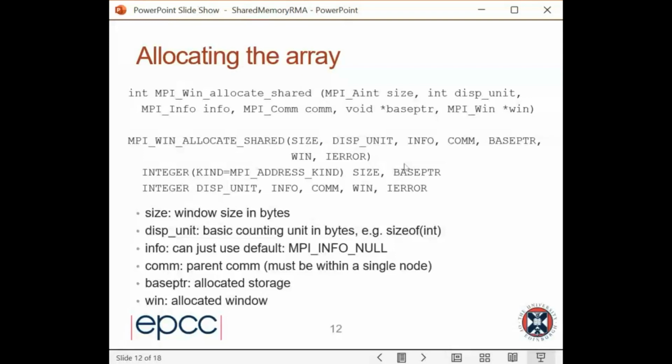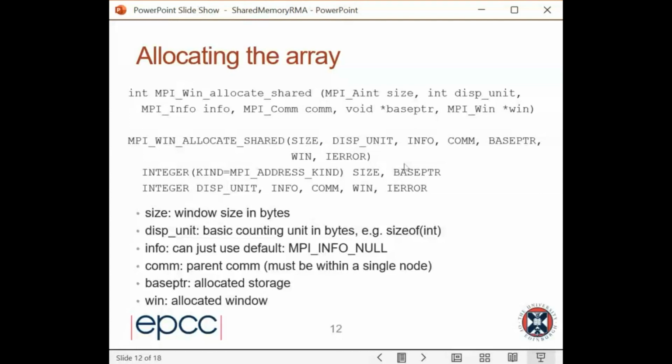So when you do MPI put and get, you say, I would like to write this data into location 7 of my neighbor's window. What does 7 mean? Is it 7 integers, 7 doubles? Well, that's the displacement unit. You would do sizeof integer, sizeof double. It gives you a common, convenient counting base, but we're not going to use put and get, so that's irrelevant here. You might as well pass it, but it's not actually useful here.